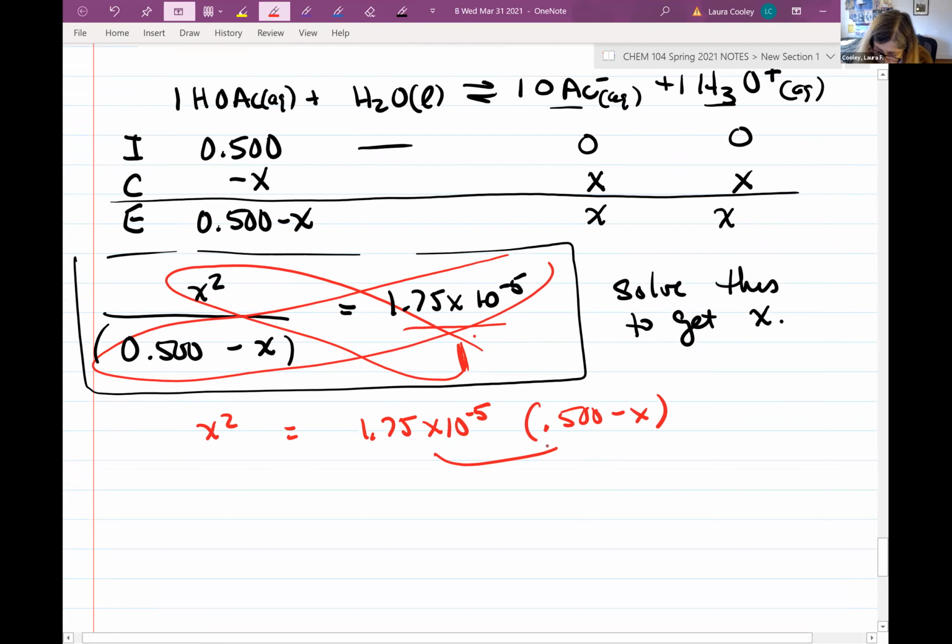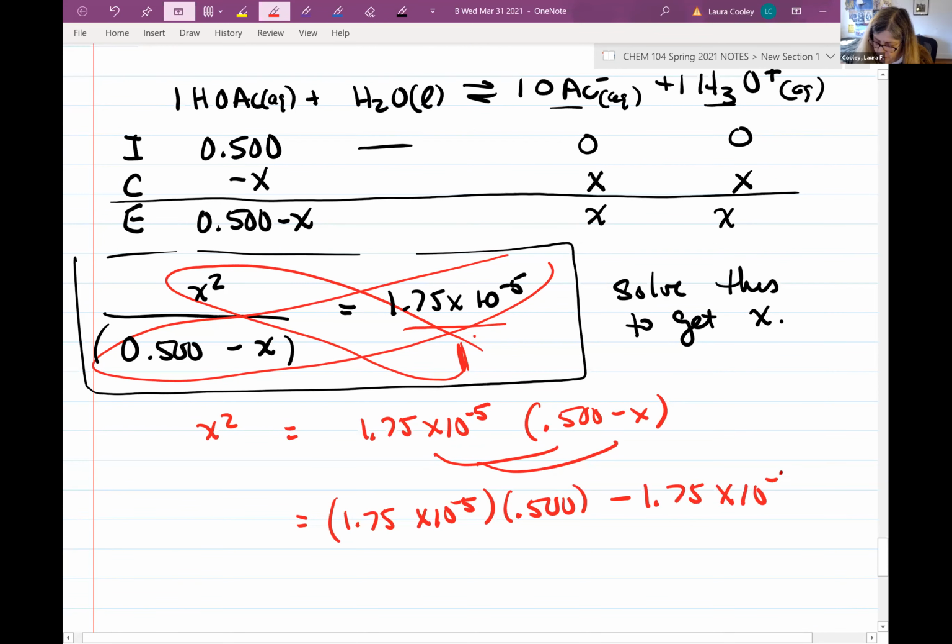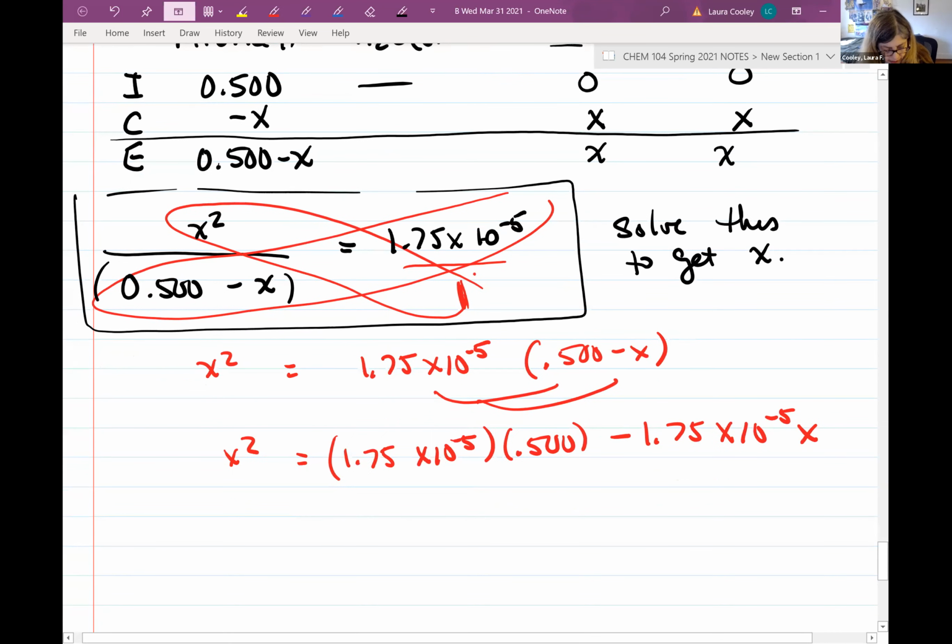So you'd have to multiply this out. You'd get 1.75 times 10 to the minus fifth times 0.5 minus 1.75 times 10 to the minus fifth x. It's kind of a pain in the neck. Okay, you would group all your terms. I'm just going to write et cetera, et cetera.